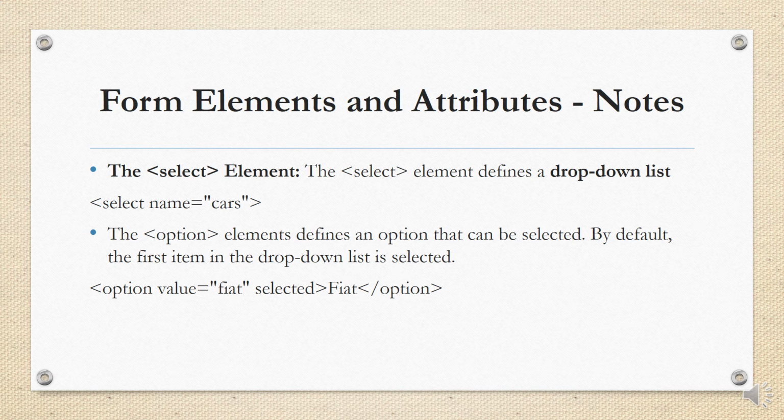And we talked about menus, and for us to create a menu or a list, we need to start with the select tag, the select element. This element defines the drop-down list. We have to name it and everything and create options to select. So we create an option with different values. That's how we create a list.